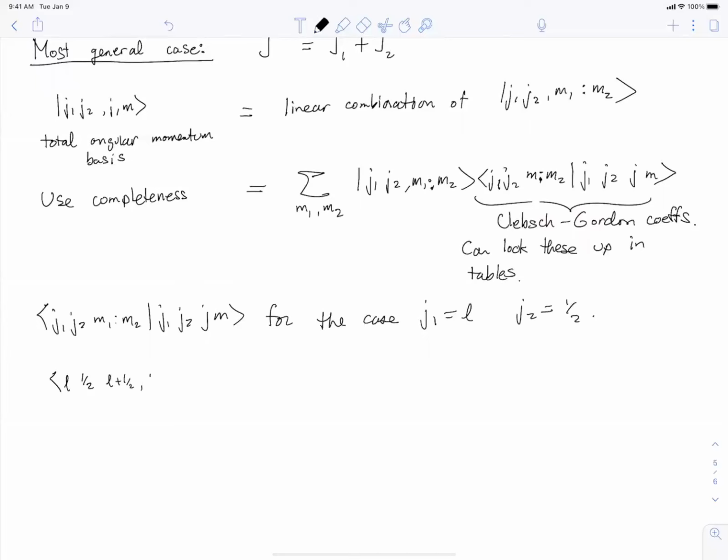I guess I'll write this as down arrow. I could write minus 1/2. L 1/2. Oops, this was wrong. This should have been L. Okay, and then L plus 1/2.